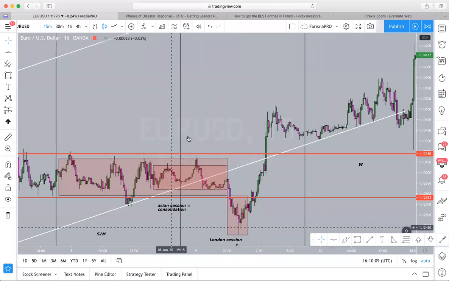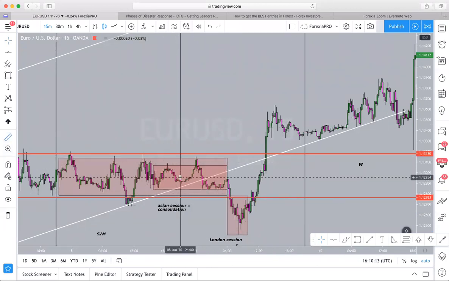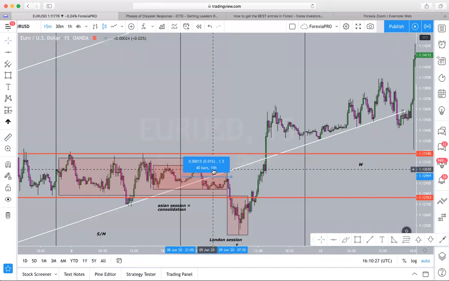This marks every 24-hour period. Now what I do is I click on the ruler and I click on the black line starting the start of the day, and I go exactly 10 hours. Exactly 10 hours in is London session.